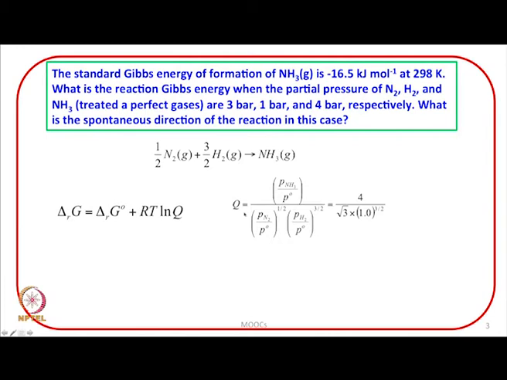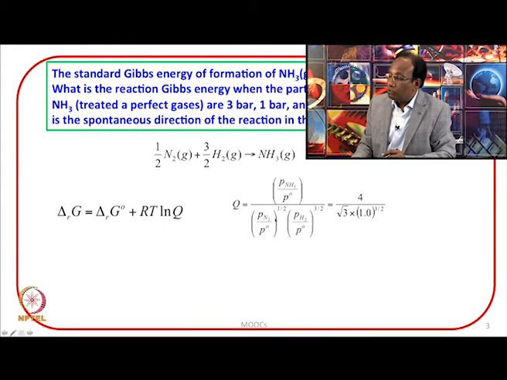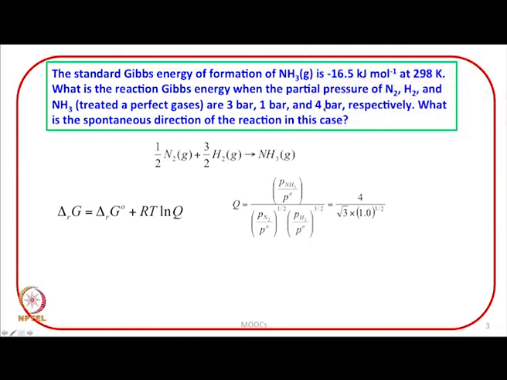We defined Q as P by P naught of ammonia divided by P by P naught of nitrogen raised to the power 1 by 2 into P by P naught of hydrogen raised to the power 3 by 2. You substitute the numbers: the given partial pressures are, for ammonia 4, for nitrogen 3, and for hydrogen 1.